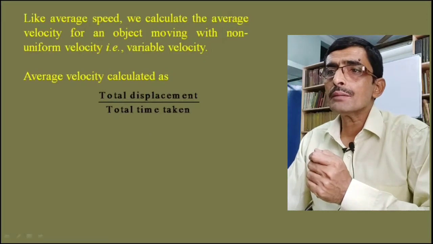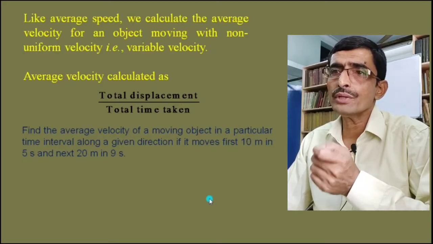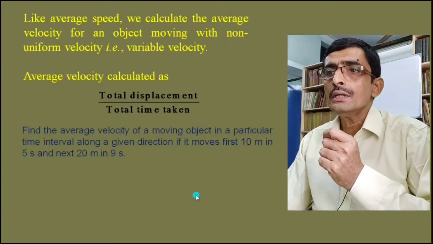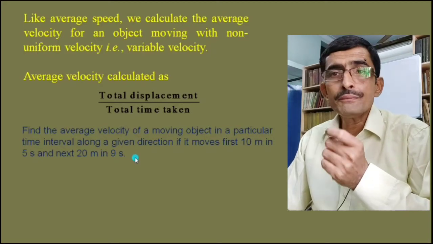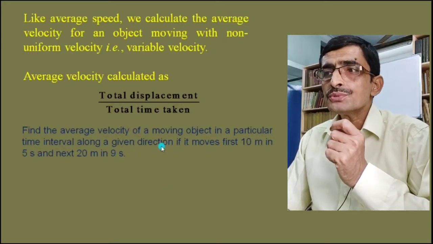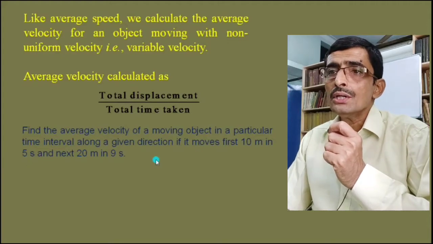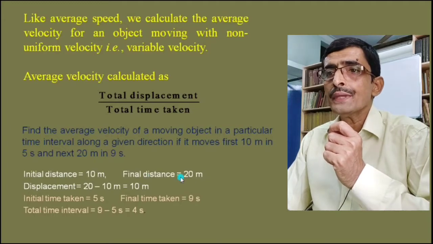Let us take one example where we have to find the average velocity of a moving object in a particular time interval, in a given direction. Suppose it moves first 10 meter in 5 seconds and next 20 meter in 9 seconds. So the initial distance is 10 meter, the final distance is 20 meter.